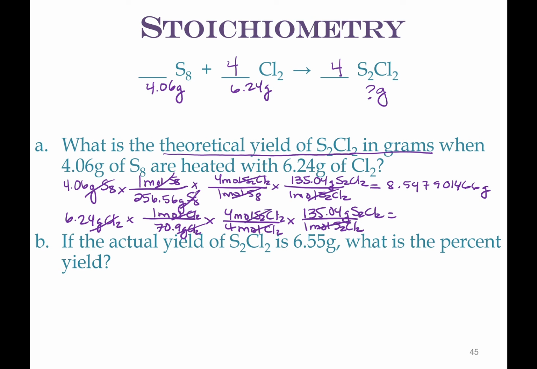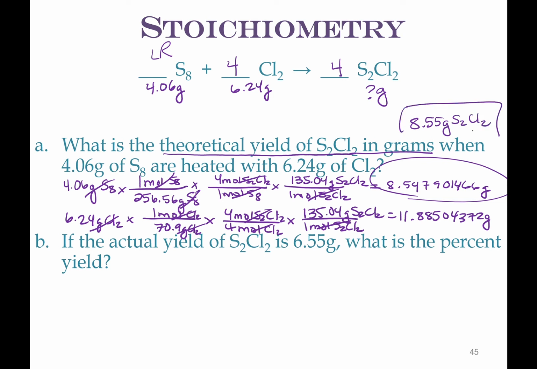And that gives us 11.88504372 grams. Theoretical yield is going to be the smallest because this is our limiting reactant. So 8.55 grams of S2Cl2 is our theoretical yield.